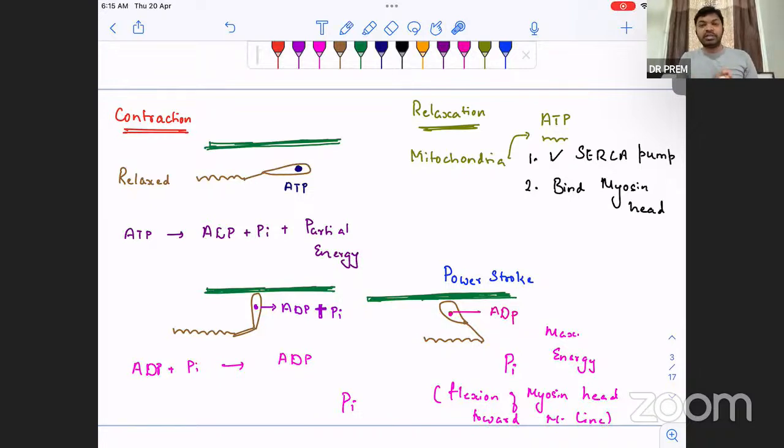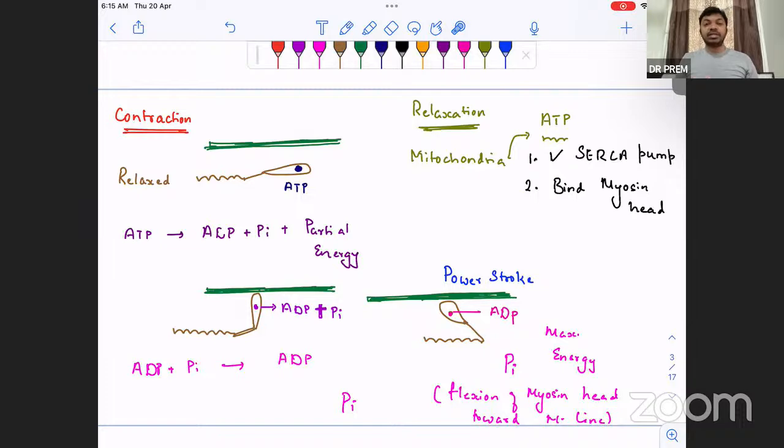When myosin detaches itself and stays away from actin, this leads to relaxation of muscles. So for muscle relaxation to take place, what is needed? Adenosine triphosphate. The full molecule of adenosine triphosphate is needed, which comes from mitochondria. So when mitochondria works, when mitochondria acts a lot, mitochondria is going to generate ATP. As a consequence, we are going to see relaxation of muscle. Remember this, relaxation of muscle is going to take place.